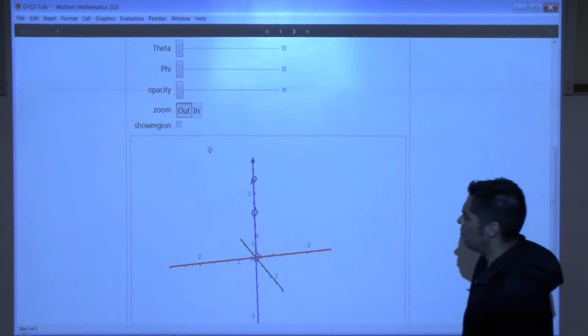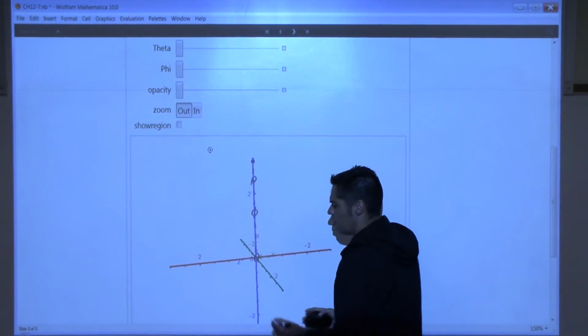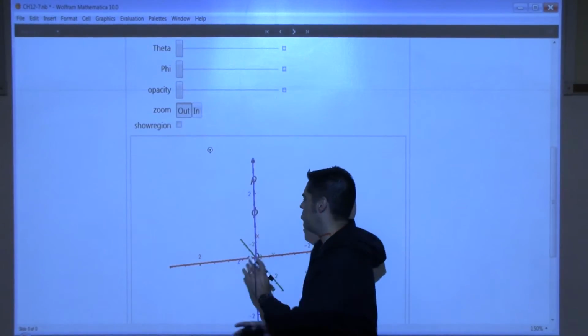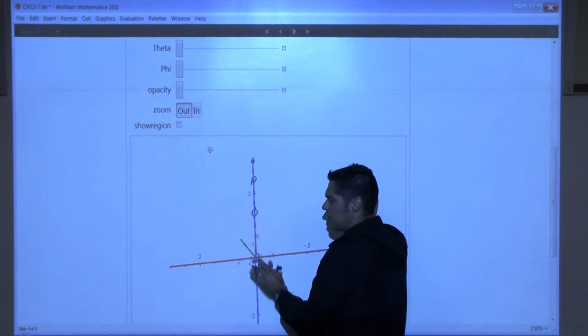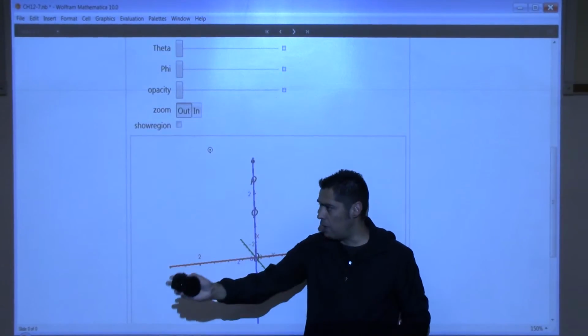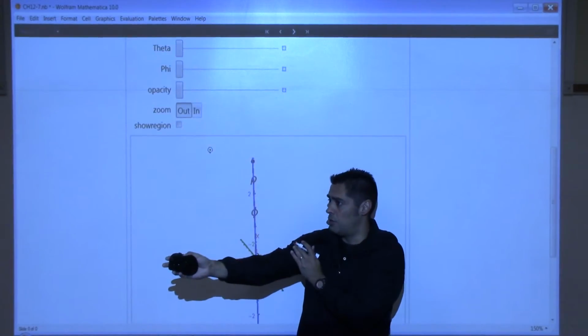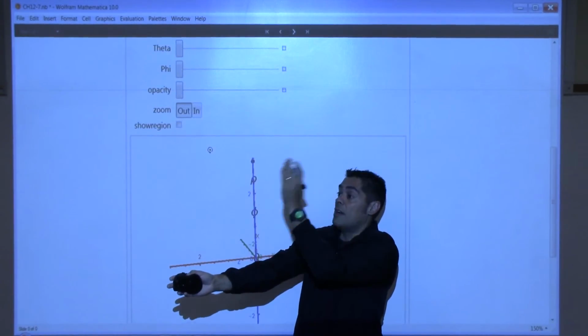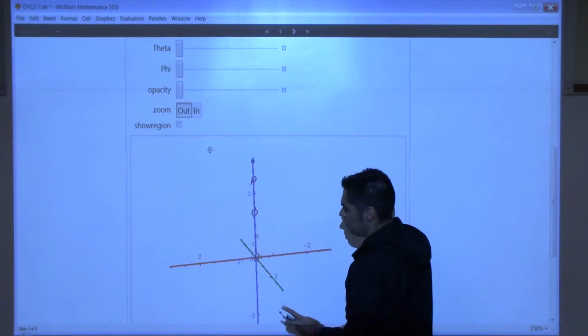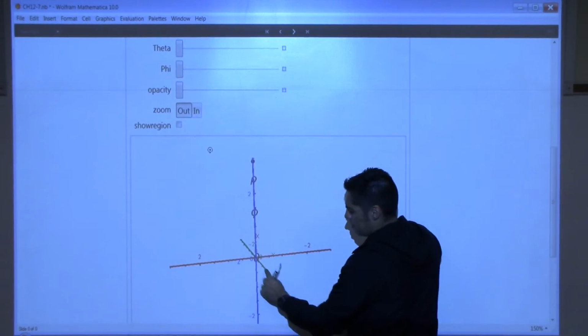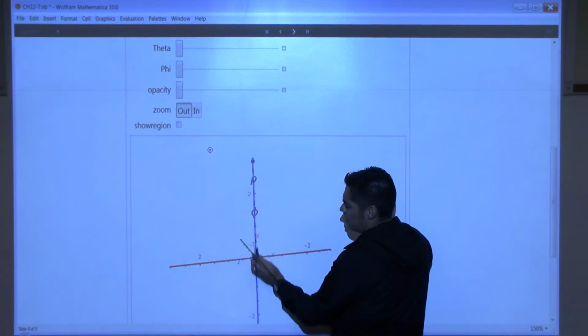And imagine that you are standing at the origin and you're looking straight up the z-axis. You're orienting yourself so that if you look straight down, you'll be facing the x-axis. So here's the x-axis, here's the y-axis, here's the z-axis. So you're looking straight up.